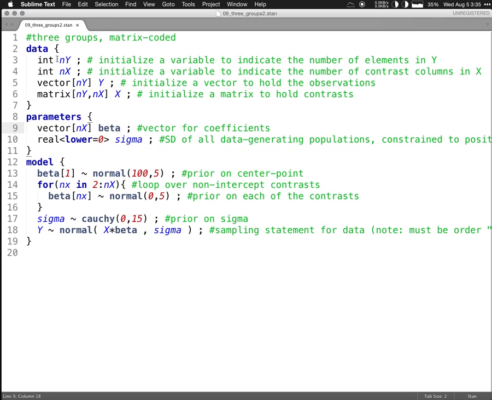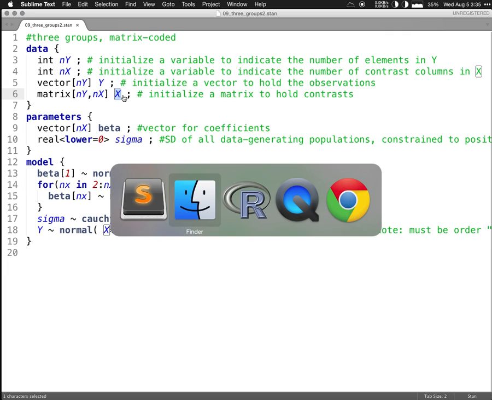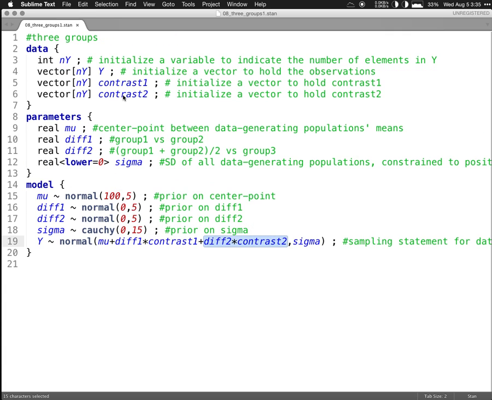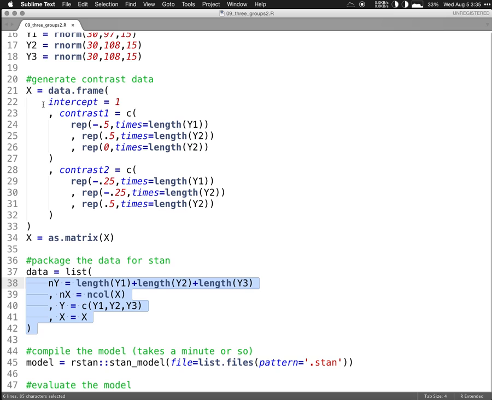Instead, we're giving it that vector y, and we're giving it a matrix called x. How we created that matrix in R: we had one column that was just all ones, another column that coded for the first contrast, another column that coded for the second contrast.